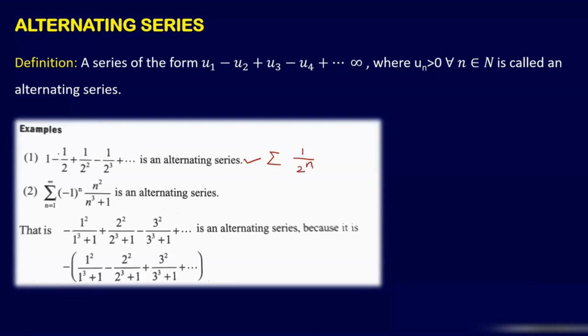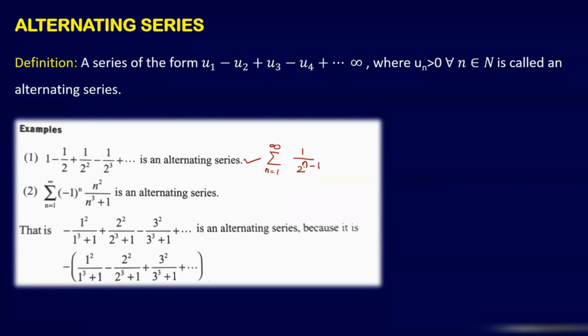In the first term, it is 1 here. So if you want to start n from 1, you can take it as n minus 1. Then if you take n equals 1, it becomes 1 by 2 to the power of 0, which comes out as 1. Then when you take n equals 2, it becomes 1 by 2, and when n equals 3, it comes out as 1 by 2 square, and so on. So here the summation starts from n equals 1 to infinity. If you want to start it from 0, you can take it as 2 to the power of n.